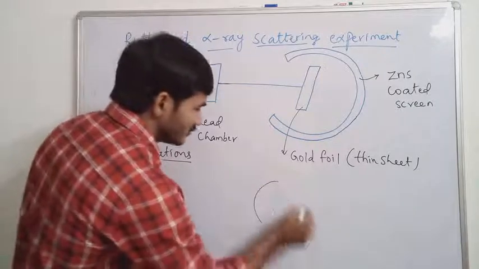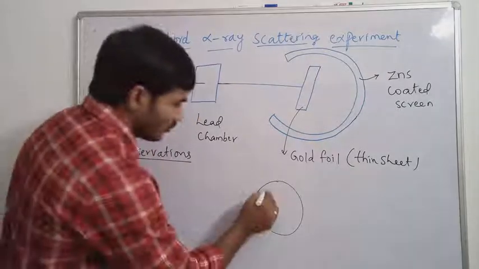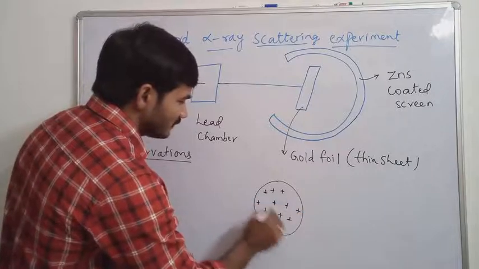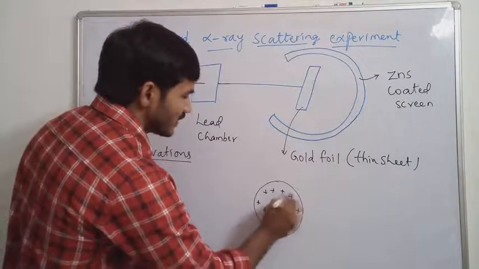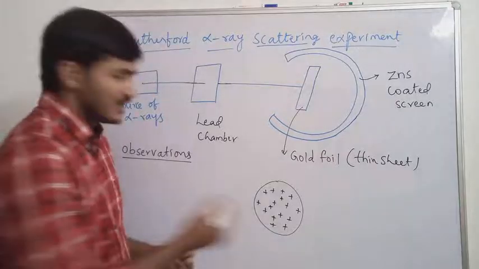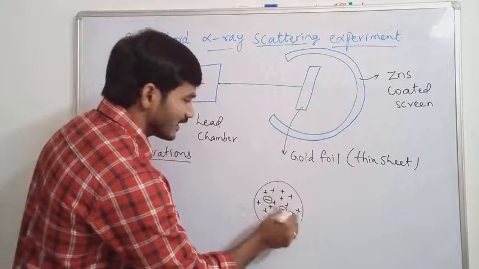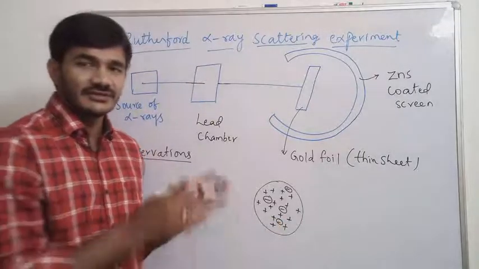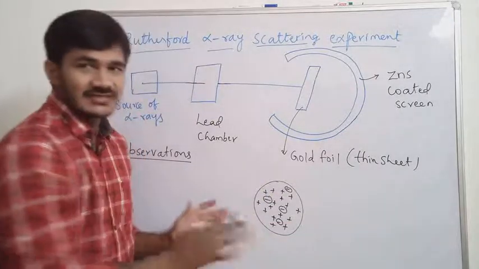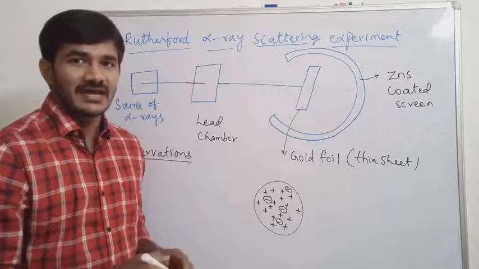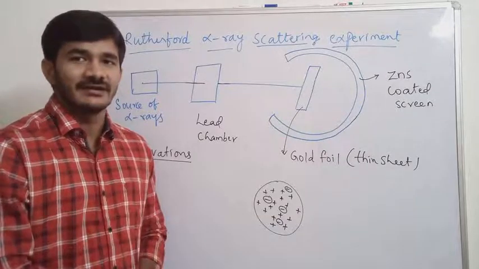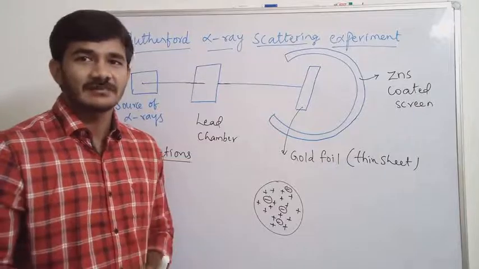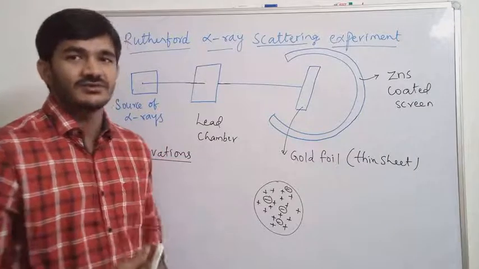Thomson said that this is an atom, the total space of the atom uniformly distributed with positive charge, and somewhere electrons randomly distributed like this. So he wanted to give the experimental proof for this structure of an atom. But after he conducted the experiment, the observations were quite unexpected, surprising.